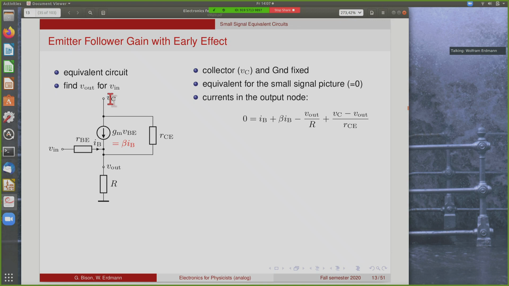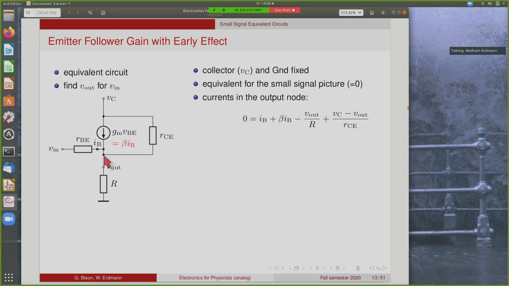The collector and the ground are fixed voltages, and in the small signal picture, where we only look at changes of voltages, being constant means we can just assume that it's zero. So to analyze this, we use Kirchhoff's current rule, and the only node that is non-trivial here is, of course, the emitter, which is the output.